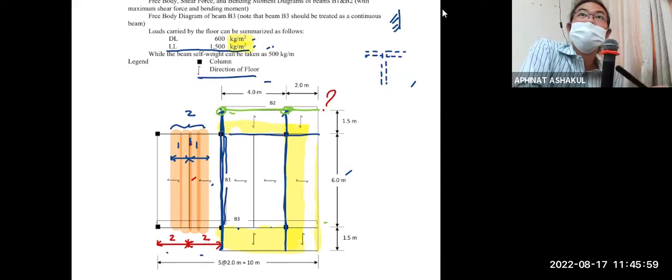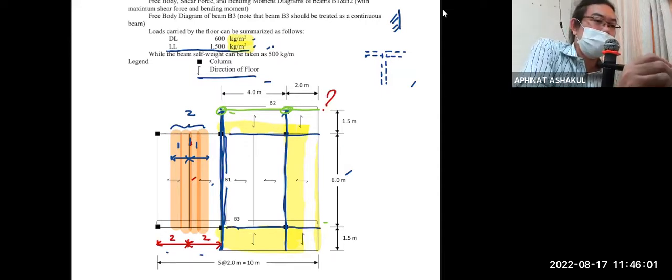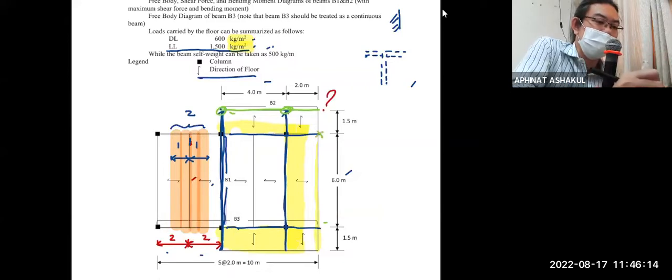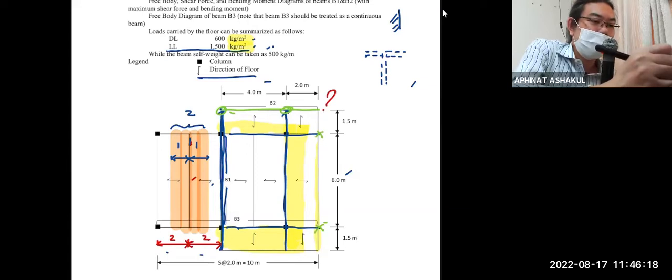Right? So the cantilever portion here, this cantilever portion, will provide the support for this beam. So now this beam has two supports as well, so it's safe.